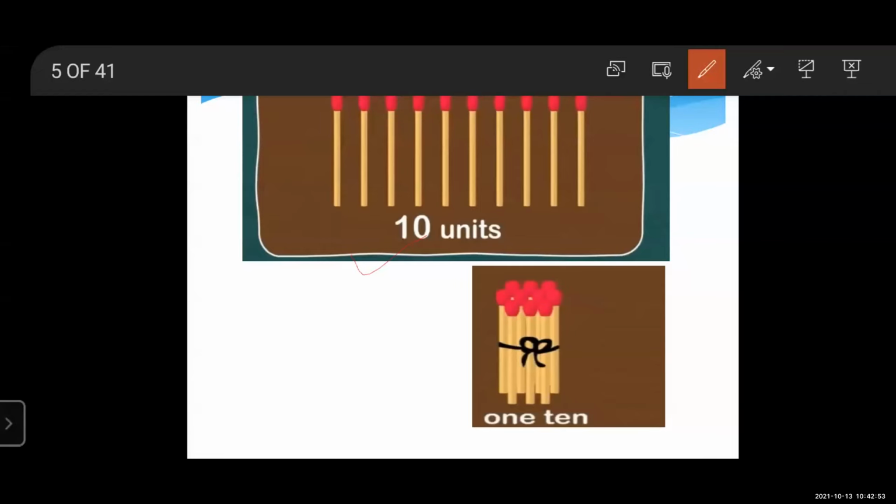But when I make the bundle, then it's called a ten. Okay, so 10 units means a ten. Understood? While counting separately, that is 10 units. But while making the bundle, it is called a ten.